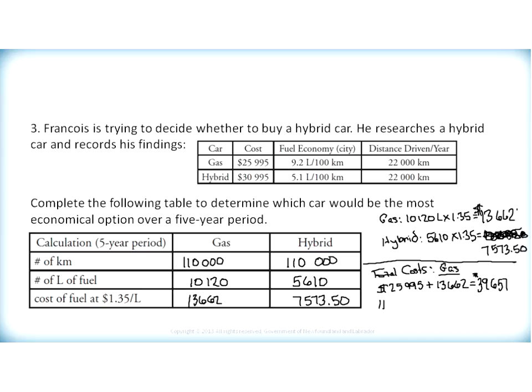For the hybrid, the hybrid car costs $30,995, and we're going to add to it the price of gas over that 5-year period.